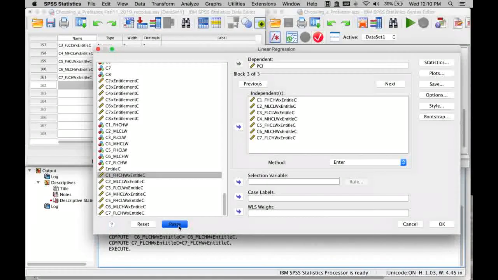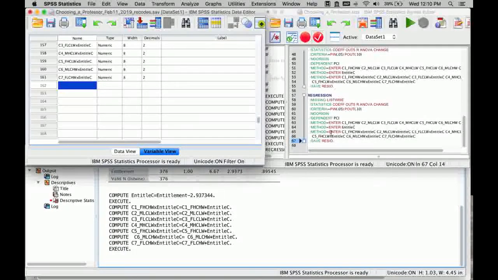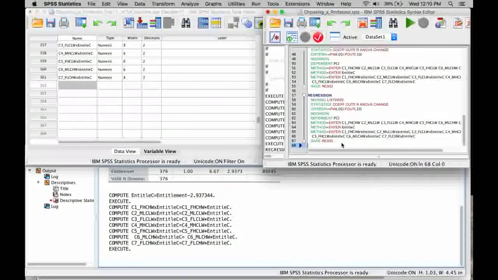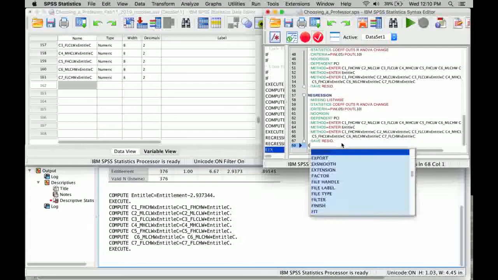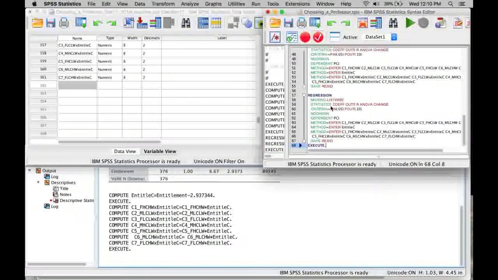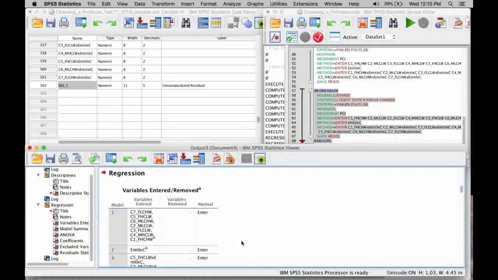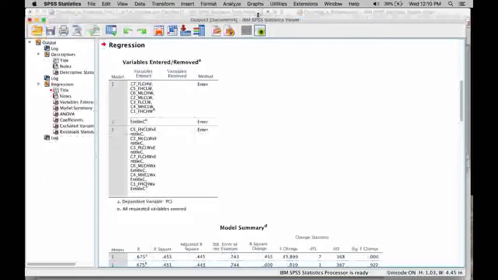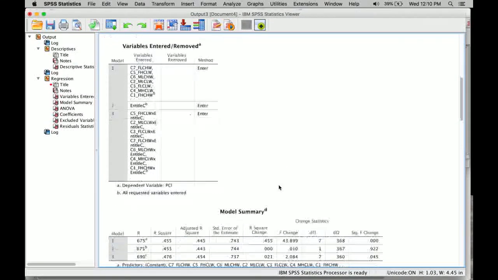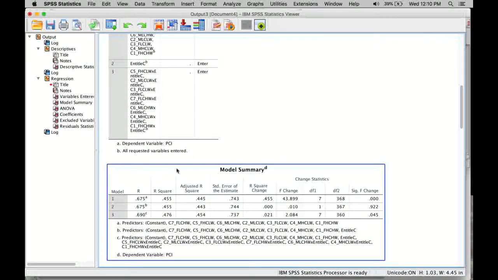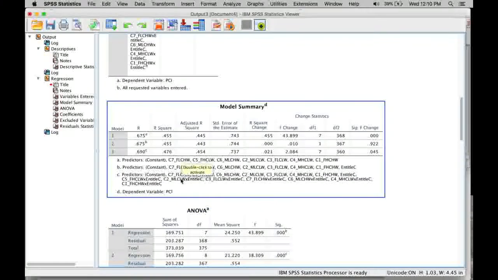And I click paste just for it to show up in the syntax window. And so I select execute, play, and now we have some regression results. So we'll go first to the model summary, and the model summary tells us for each block, so we had 3 blocks, block 1, block 2, block 3.